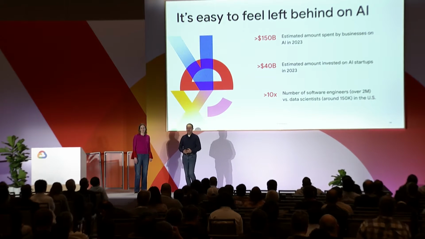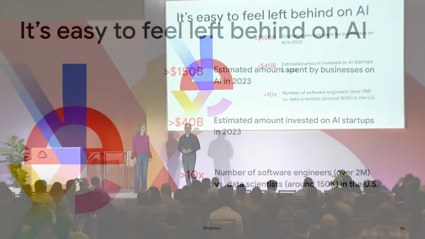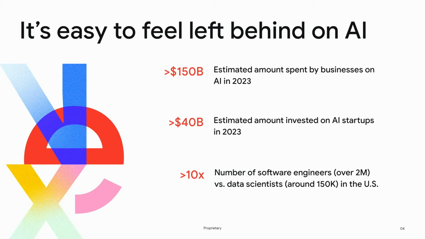Thinking of what it means if you're a small or medium business and you're thinking about all the costs that come with doing a GenAI project, it can feel overwhelming. These are some of the numbers that we've seen: the amount of money that's been spent by businesses in general on AI in 2023, the amount of investment that has gone into GenAI companies, and the number of developers that are out there and already know how to use these technologies.